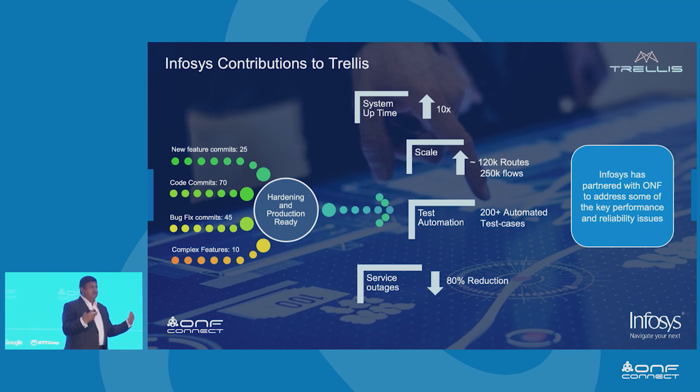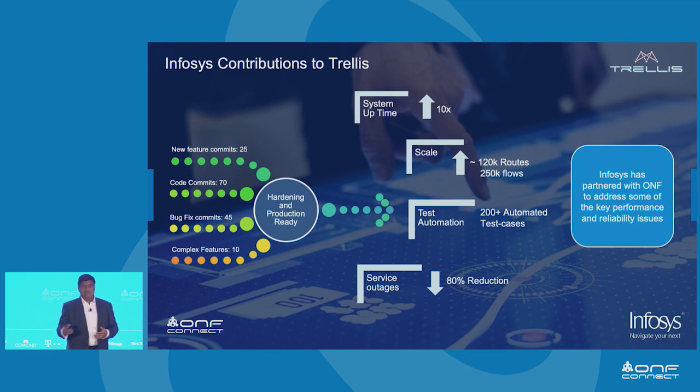But that has been both the journey as well as the learning experience together. Working through this journey, we've done more than 25 new feature commits. We worked on over 70 code commits, 45 bug fixes, and over 10 complex features that we were able to contribute. A significant amount of effort went into hardening and making it production ready.